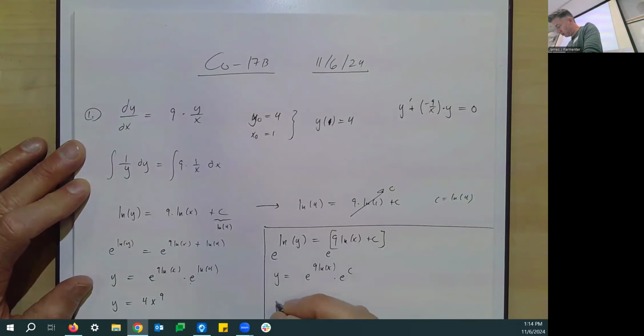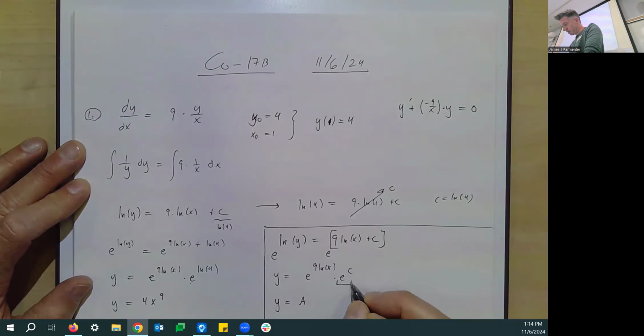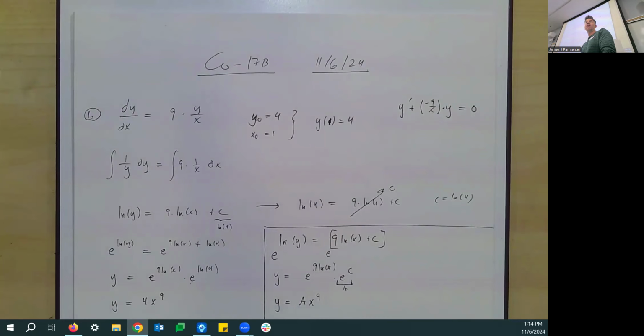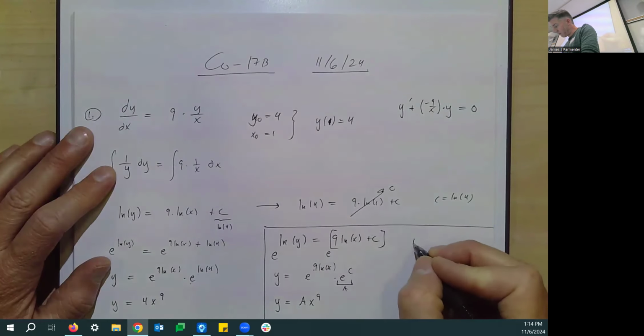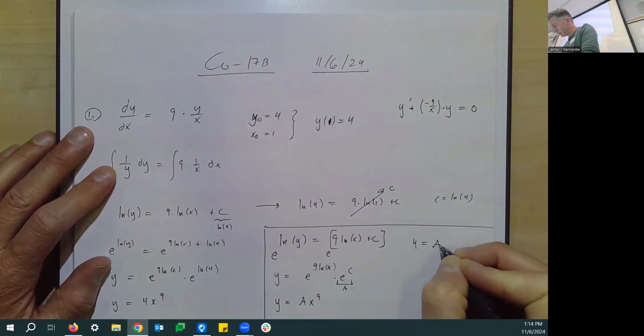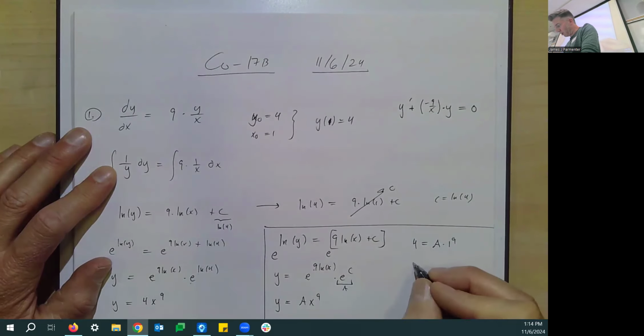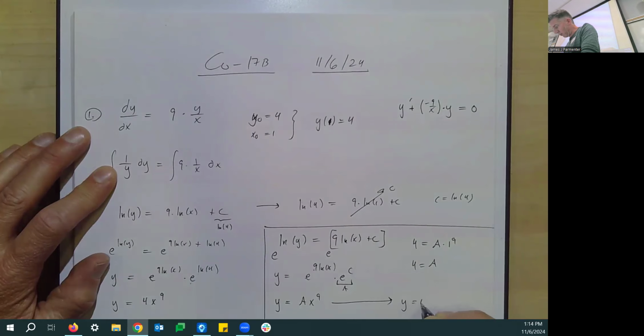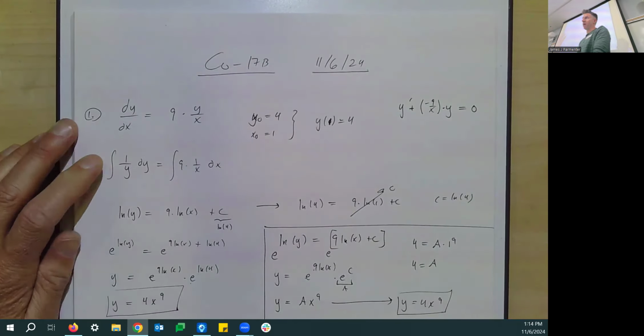Right, this is y equal to a times e to the 9 natural log of x, which is x to the 9th. I think it's much better to solve for it here, because then if we plug in 4 for y and 1 for x, you get a equal to 4. So then we rewrite this as y equal to 4x to the 9th. That seems easier to me than the way I did it over there.